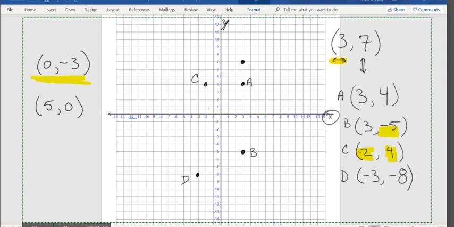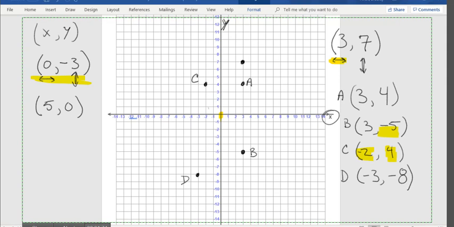0, negative 3 just means your first number here, which indicates your horizontal movement on your x-axis. You could say this is the x and the y coordinate. So on the x-axis, we'll actually go 0. We're not going to go left or right. We're just going to stay right here. And then our y coordinate, which shows how far up or down we're going to go, we would just go negative 3.